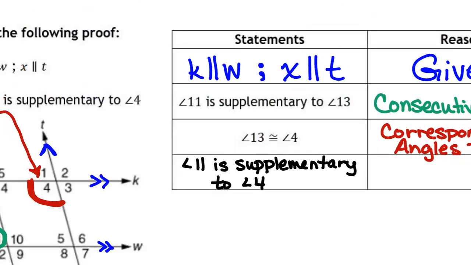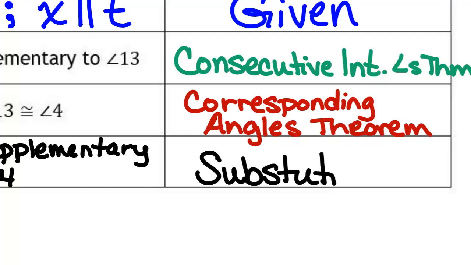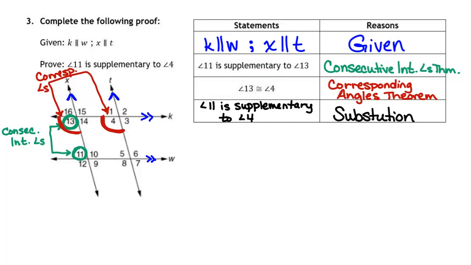What am I using to be able to say that? This one had 13. This one now has 4. I want to use transitive, but in this case, because I don't have a bunch of things that are congruent, I have supplementary things here. I'm going to use substitution here. There's substitution. All right, let's do one more and call it a week.